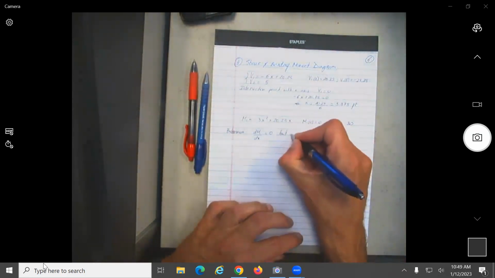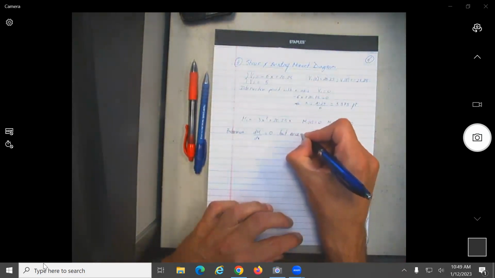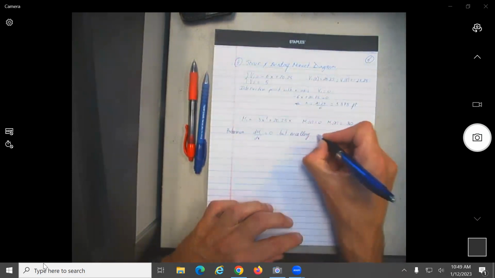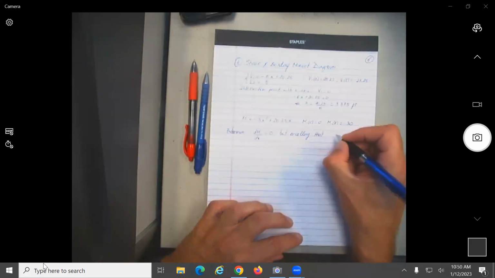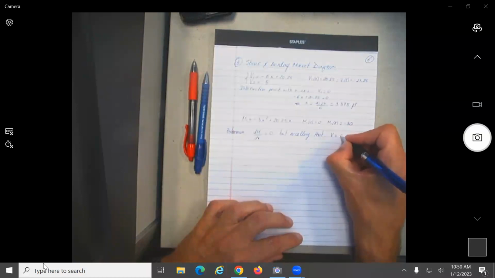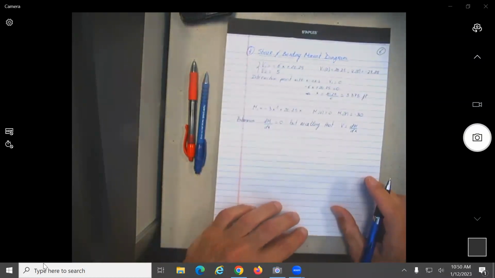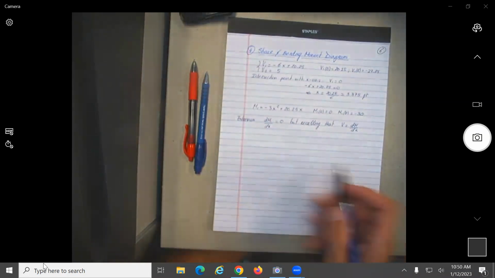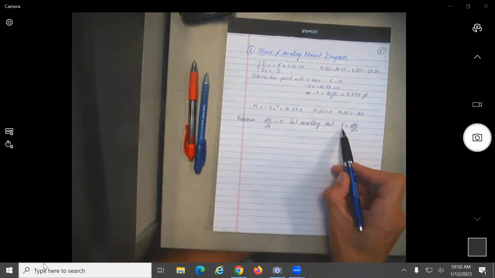But recalling the equation at the beginning, what is V? V is dM/dx, no? Didn't we just solve the point where V was equal to 0?